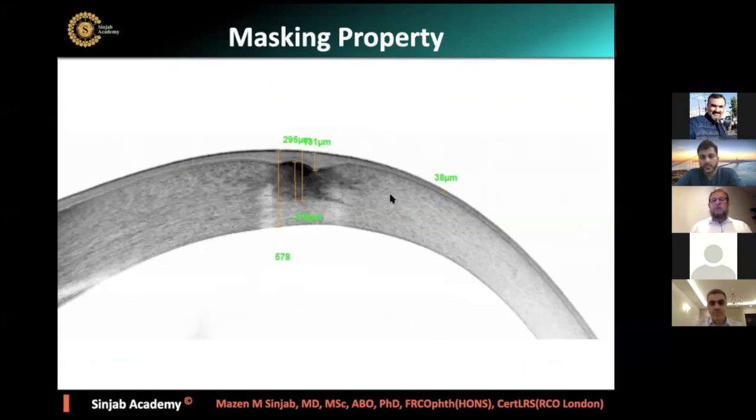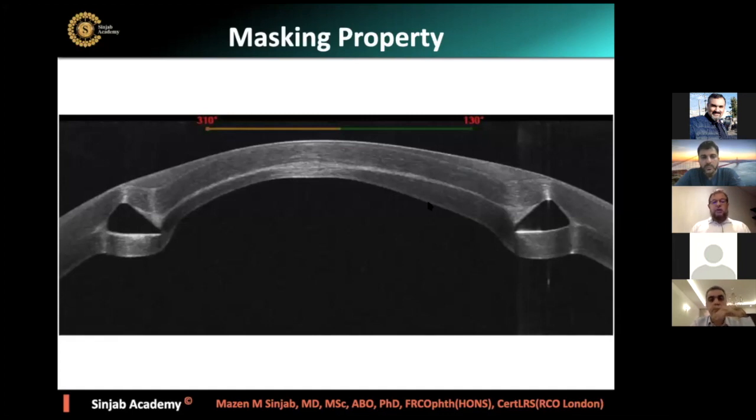As you see in this case, we have a very irregular surface under the epithelium because of a scar, and the epithelium would like to create a smooth anterior surface of the cornea in order to smoothen the movement of the lid. So it fills the gaps. It fills the valleys and it thins over the mountains.